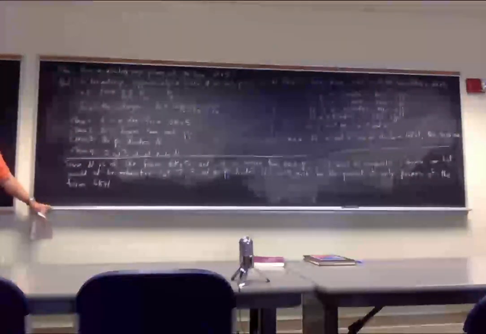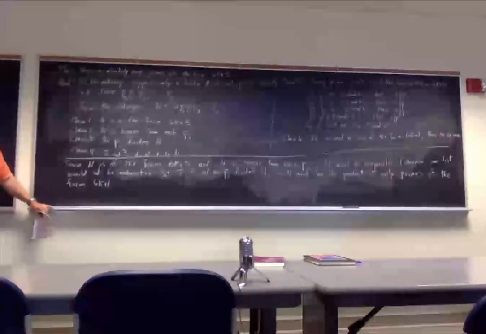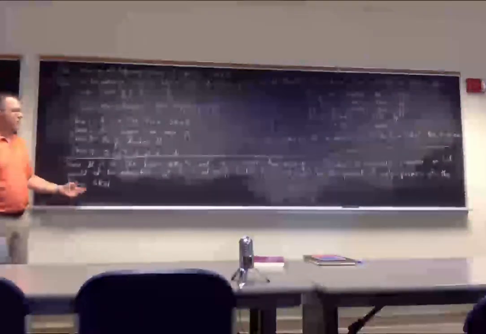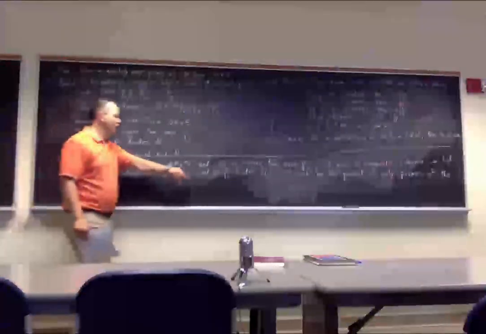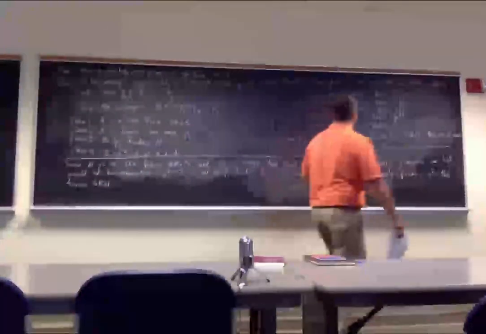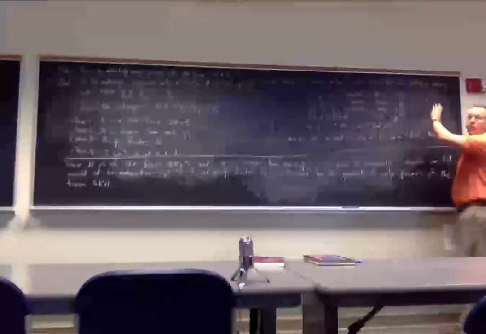Okay? See why? None of the primes dividing it are of the form 6k plus 5. 2 and 3 don't divide n. So the only primes that are possible to be divisors are of the form 6k plus 1.